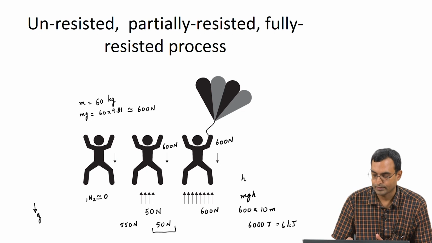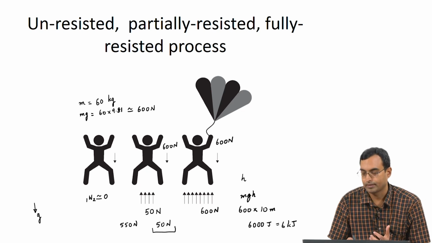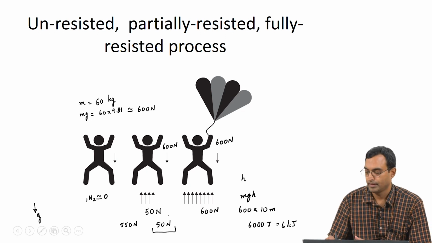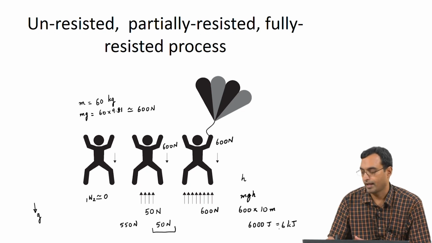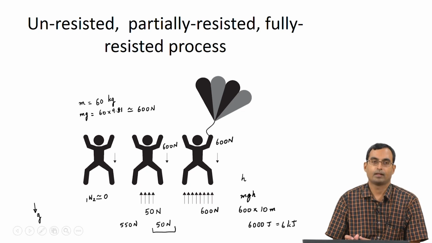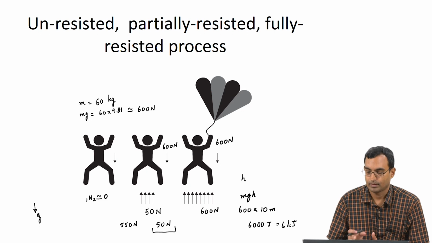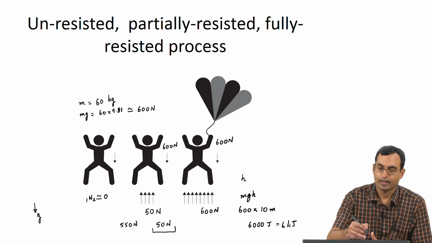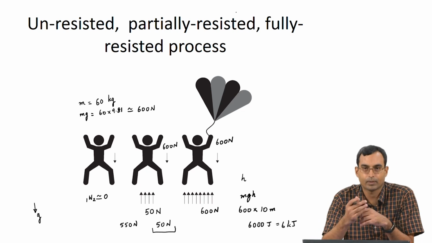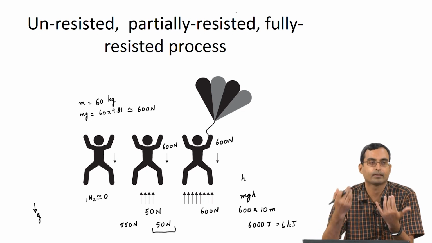Over here there is partial resistance, and corresponding to whatever amount of resistance there is, we have work which is done. In this case it is fully resisted, and so corresponding to the entire force we have work which is done. So, this is how we see that there can be unresisted, partially resisted and fully resisted processes. In unresisted processes there is no work interaction because nothing is accepting the work.